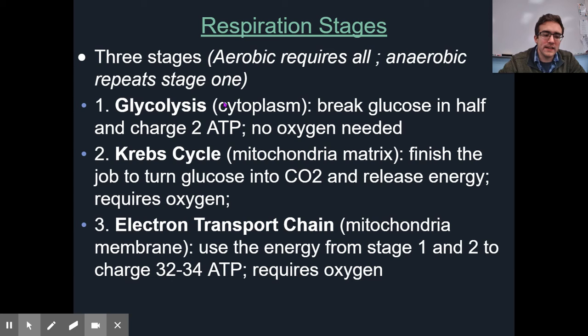Again, we get some more ATP from that. And then the last part of this is the electron transport chain. The electron transport chain occurs in the mitochondria membrane, and this uses that ATP from stage 1 and 2 to put the finishing touches on our last 32, 34 ATP.